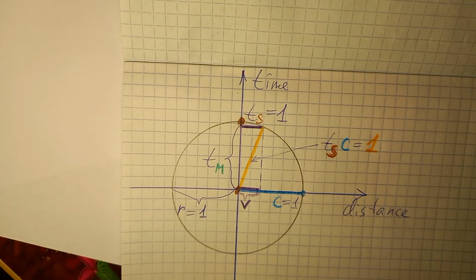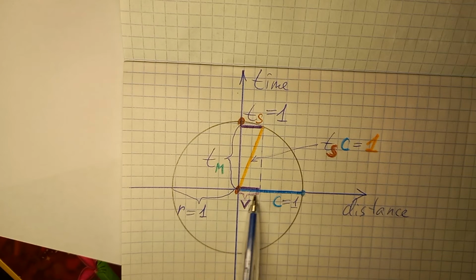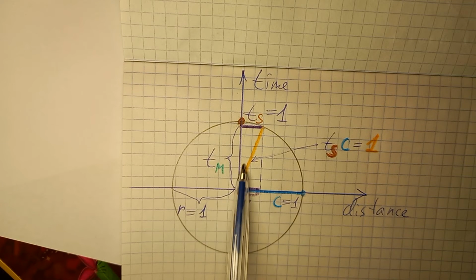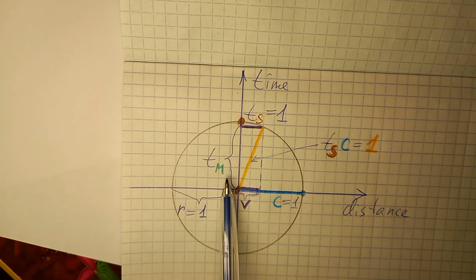Okay, the greater the speed between objects, the more difference between the time they experience. The greater the speed, the more v, the less time tm. Okay, the light in this diagram experiences no time at all.